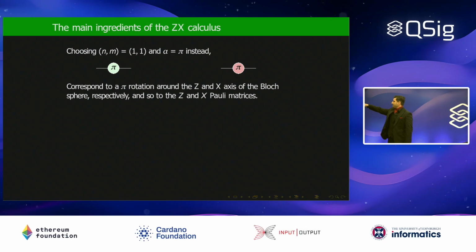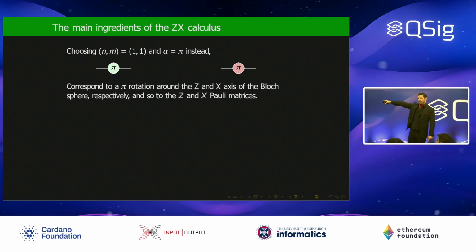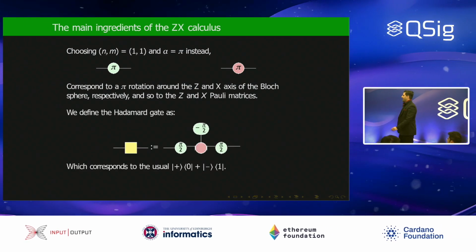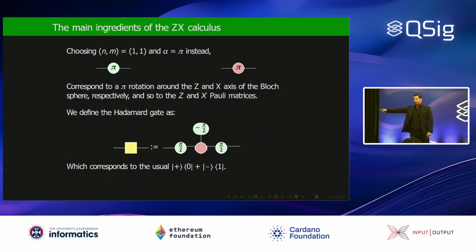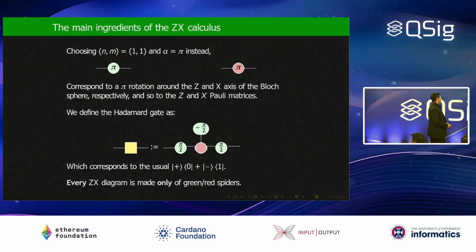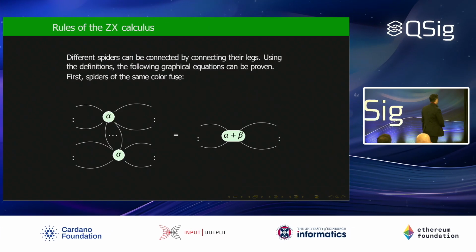If you take a pi phase, then you get the Z and X Pauli matrices. These are what is written there, these pictures. And you can represent the Hadamard gate with this monster that I will never use, and I'll just use that syntactic sugar there. Every ZX diagram is made only of these things.